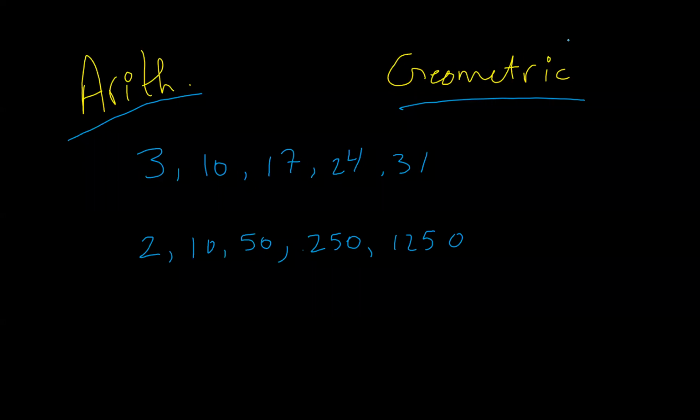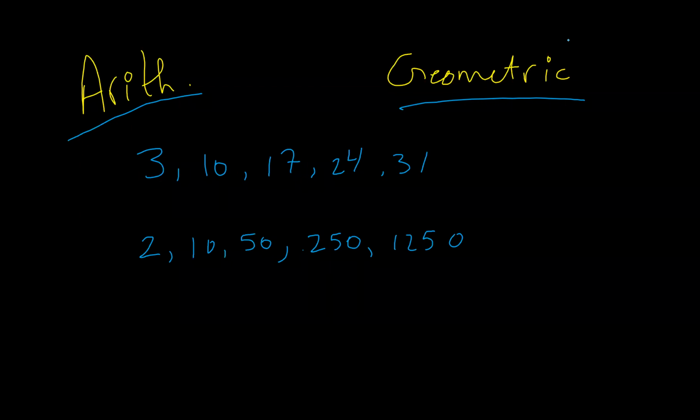Now, if I take another example, 2, 10, 50. Is the sequence geometric? Geometric. Why? We are multiplying by 5, but correctly we should say this sequence has a common ratio.